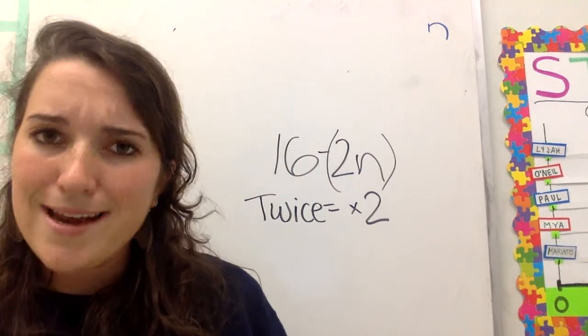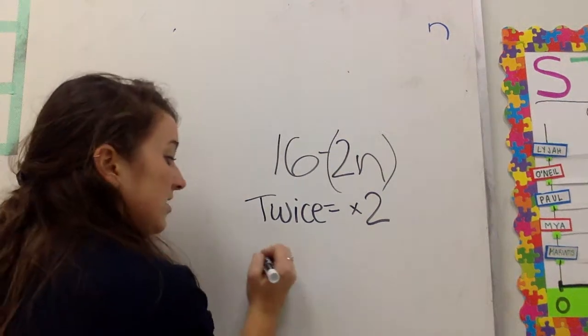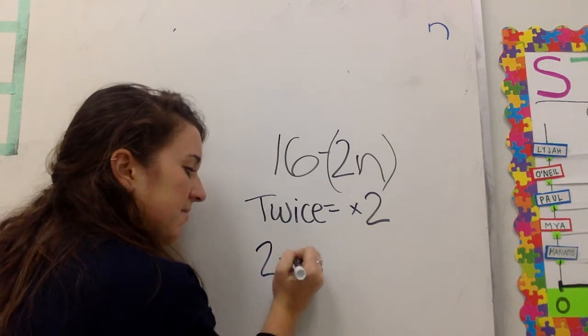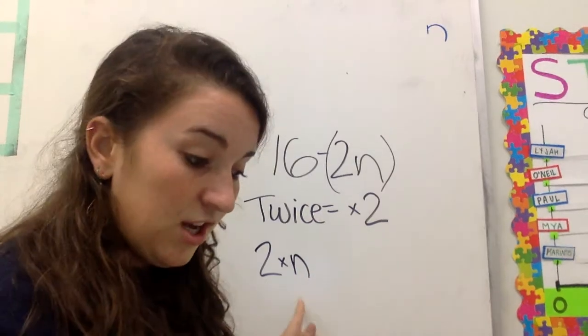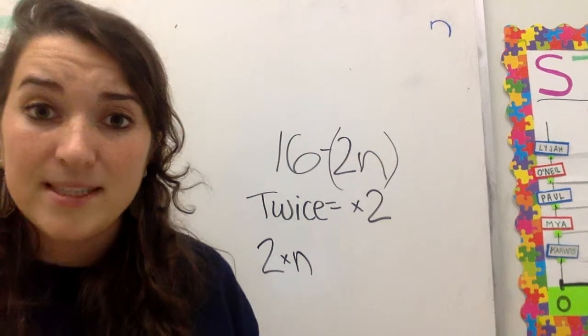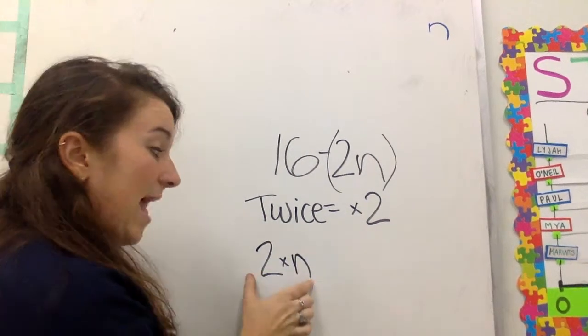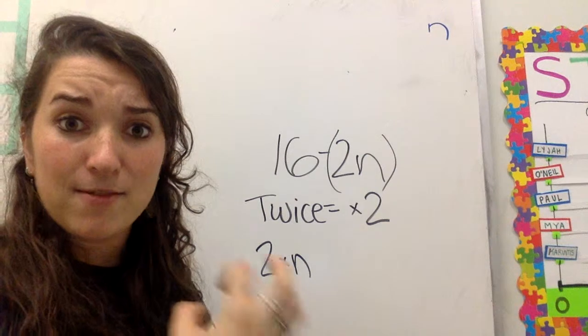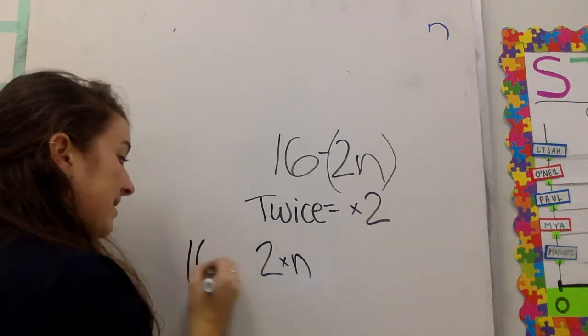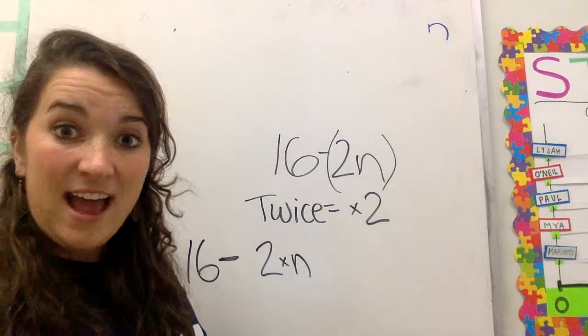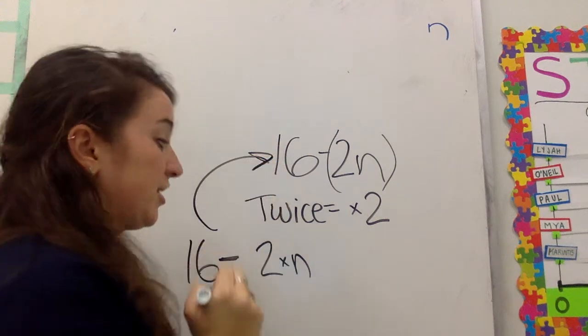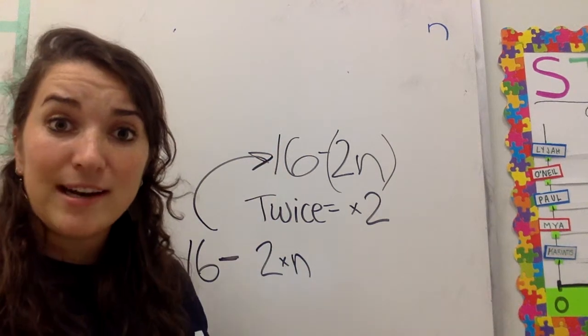So twice a number n is 2 times a number n, subtracted from 16. That means the 2n is being taken away from the 16. So then I would put my 16 up here, and this matches our expression. So the correct answer is E.